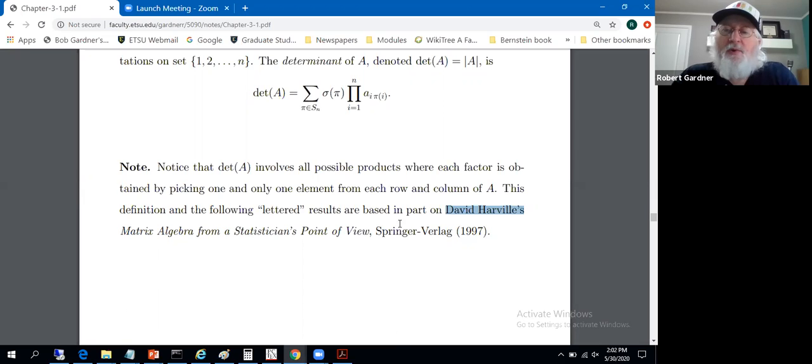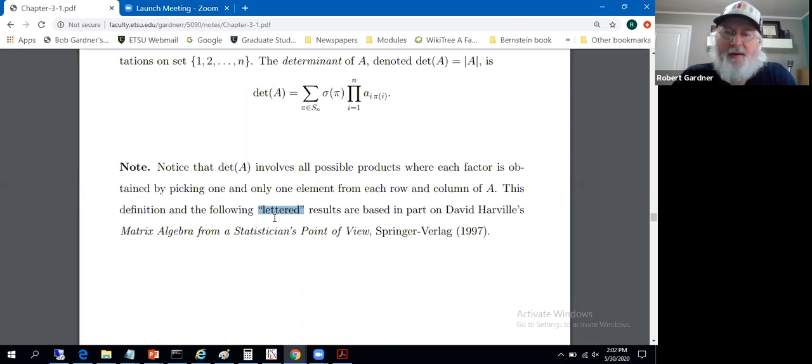But I'm going to go through and quote some results from Harville's book. These are, I don't think they're actually in, or they're not cleanly in Gentle's book. I'm going to label the results with letters. So the following stuff you see that's 3.1.c is a result from Harville's book.